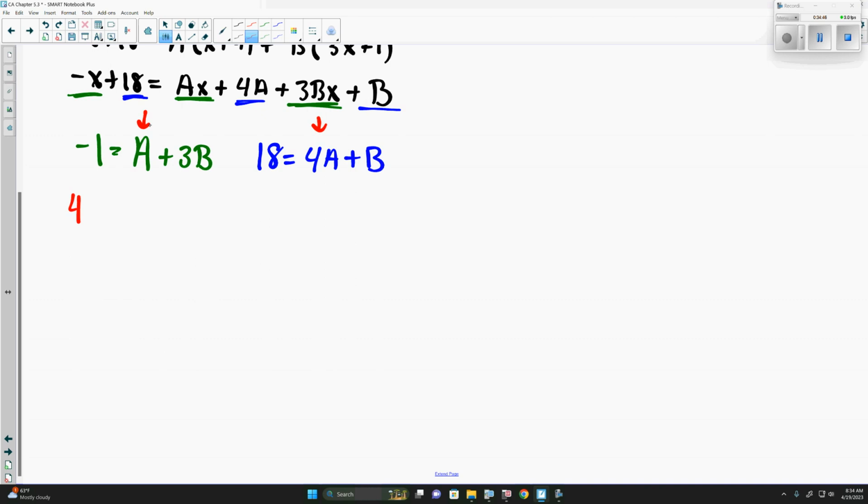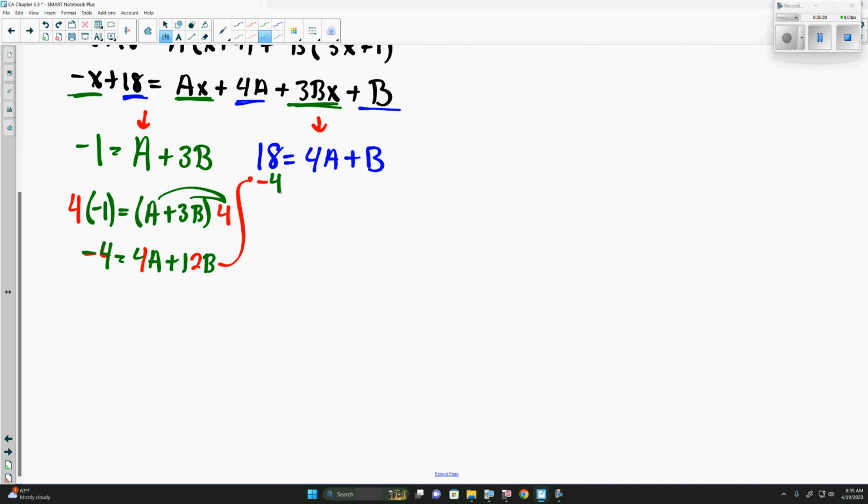Since this one is 1, the other one is 4, I'll have to multiply the equation in green by 4 on both sides. 4 times negative 1 is negative 4. 4 times a is 4a, plus 4 times 3b is 12b. And at this point here, we can put it underneath the other equation. Negative 4 is equal to 4a plus 3b.